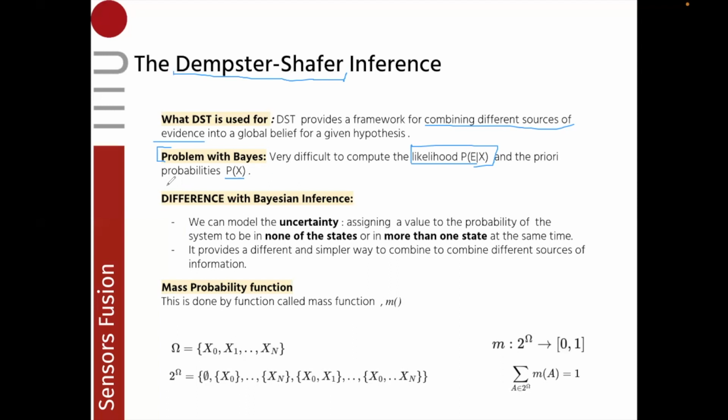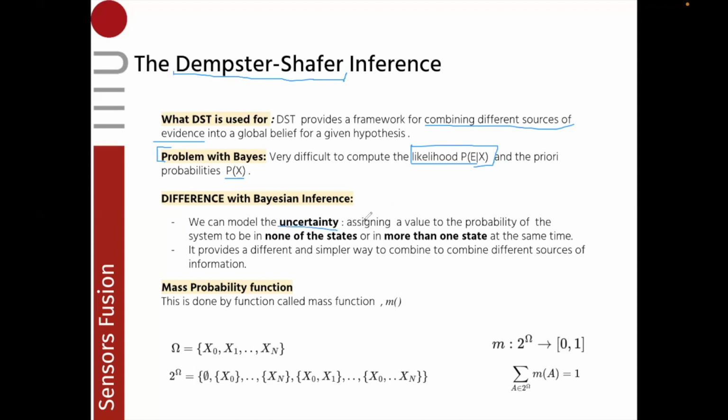Dempster-Shafer inference tries to overcome this structural deficiency of the Bayesian inference, providing a kind of change of paradigm in the definition of the probability function. More specifically, in the Dempster-Shafer inference, we can model what we call the uncertainty.